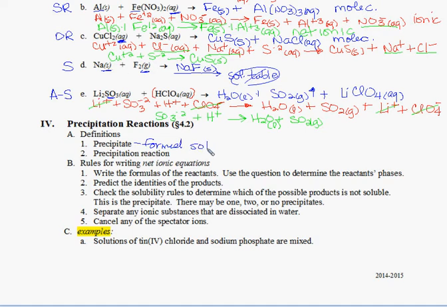Most of our precipitates are going to be ionic compounds, as opposed to forming a metal or maybe making a covalent compound. A precipitation reaction then needs to actually be a reaction in which a precipitate is formed.